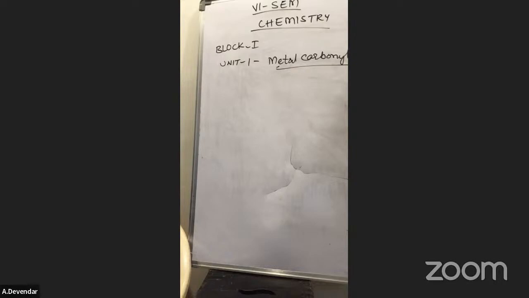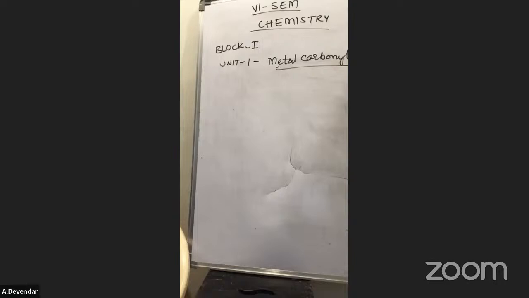Next topic we discussed was the 18 electron rule, which is called the Sidgwick rule. I explained what the 18 electron rule means. It is nothing but any metal achieving an outermost shell electronic configuration consisting of 18 electrons. The valence electrons are ns2, that means in the s orbital 2 electrons, and in the d orbital (n-1)d10, a 10 electron system, and np6.